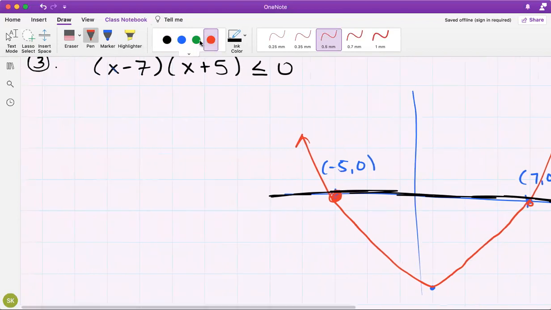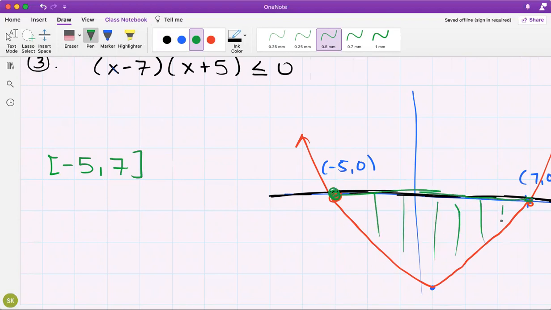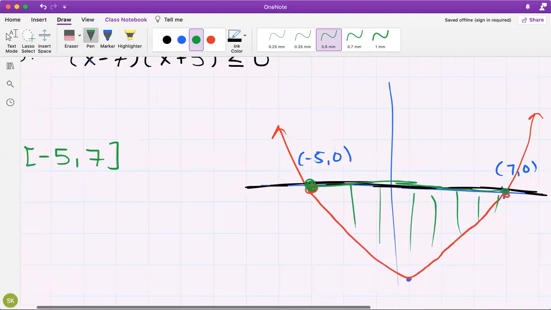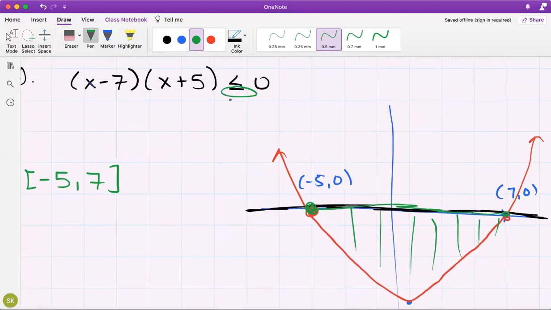So the solution here is from -5 to 7. Anything from -5 to 7, when you plug them into your function, you're going to be below this black line. And you can put brackets on -5 and 7 because we have this equal sign here, so we can also equal 0.